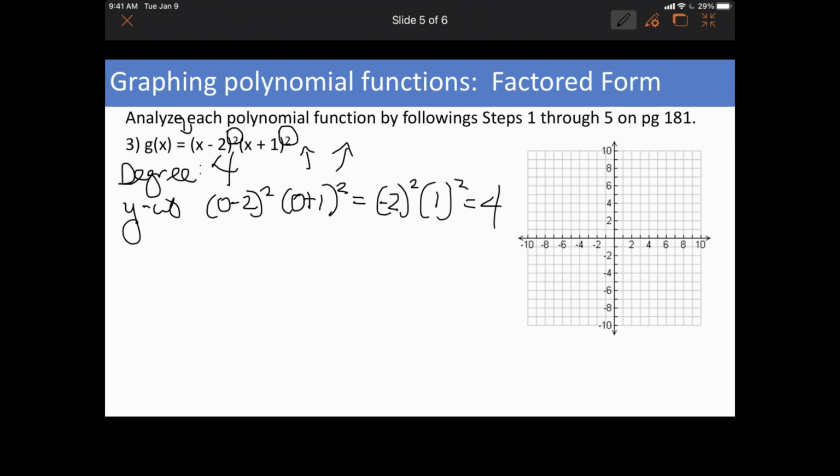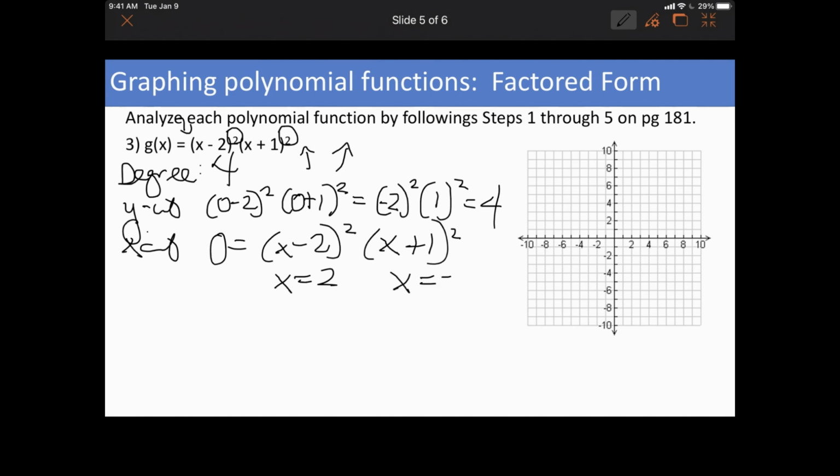Okay. And then, where are we going? Sorry, got distracted. And x-intercept, so. Okay, and then what are we going to do? Okay, so this one is going to be x equals 2. This one's x equals that.